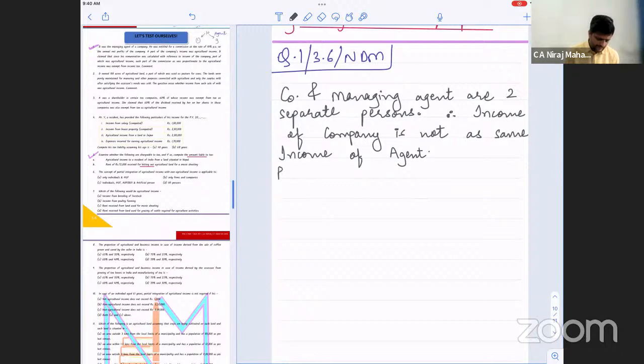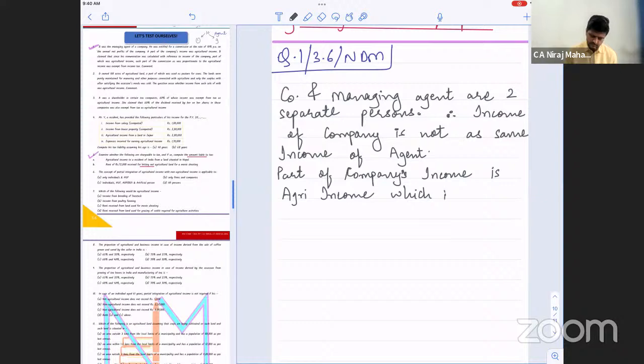Part of company's income is agri income, which is exempt under section 10(1).